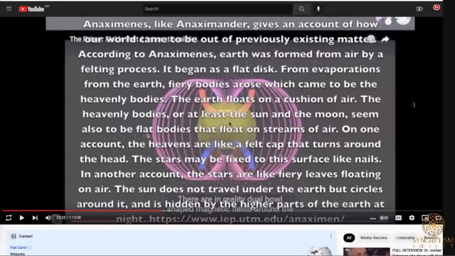The Greeks argued, every Greek philosopher had a different view, there were the air ones, there were the water ones, and they argued and fought over whether these were floating on air or water, but no one knows still to these days.